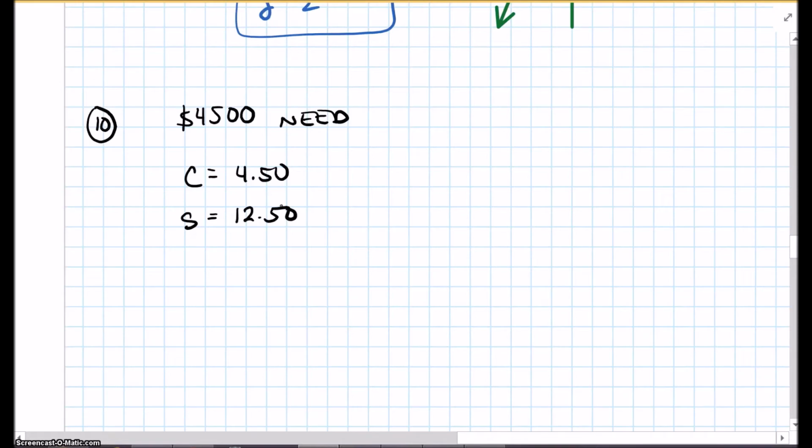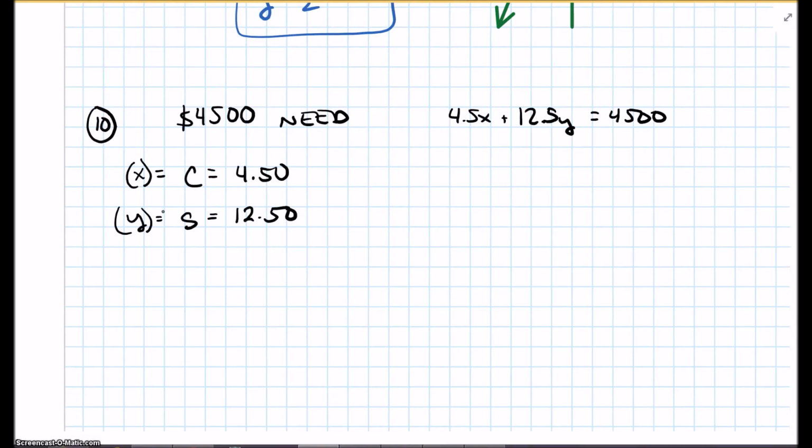Graph the equation 4.5x plus 12.5y equals 4,500, where x is the number of baseball caps and y is the number of sweatshirts. Okay? So it says graph it.